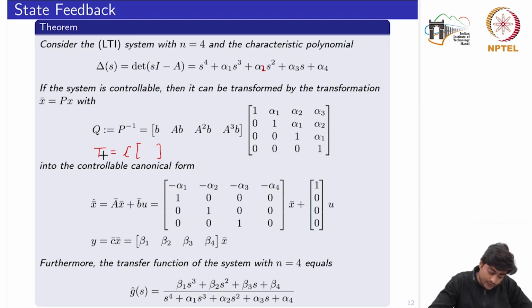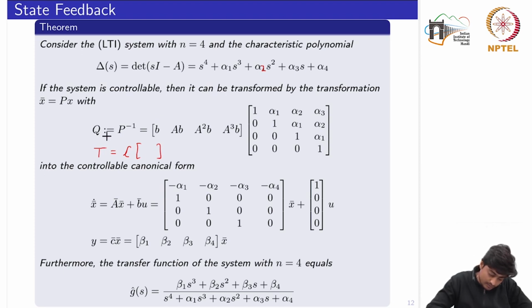And then we showed that T is in fact a transformation matrix, which not only transforms the system from the state x to x bar, but also gives us the controllable canonical form, or the CCF form.